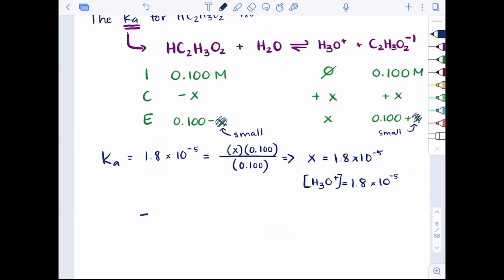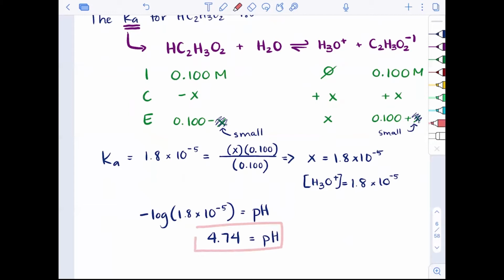So negative log of that hydronium concentration at equilibrium will equal the pH of the buffer solution. Give 2 decimal places for that 2 sig fig concentration. 4.74 is the pH of this buffer.